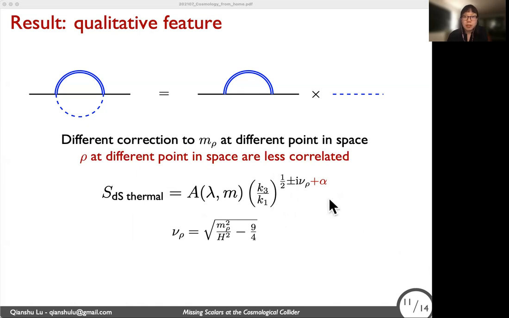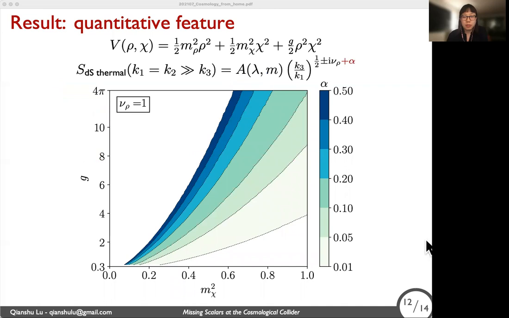Now I want to show you how the alpha signal actually depends on the parameters in our theory, which is shown in the plot here. So remember, our theory has three parameters: mass of rho, mass of chi, and the interaction strength between rho and chi. And here I'm plotting the value of alpha in the plane of m chi squared and g, where I have fixed the rho mass such that the index mu rho is equal to 1.